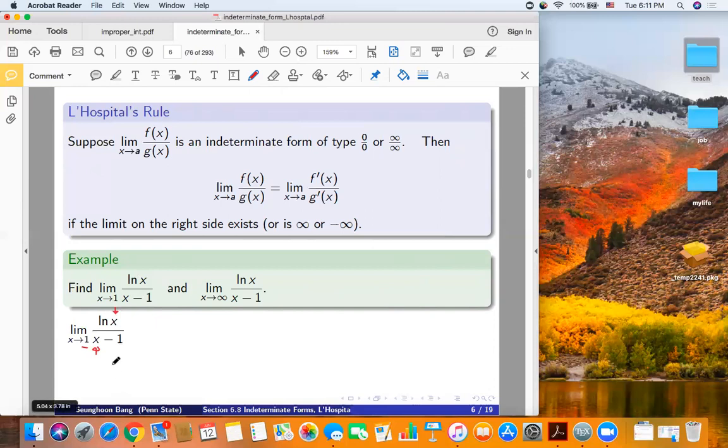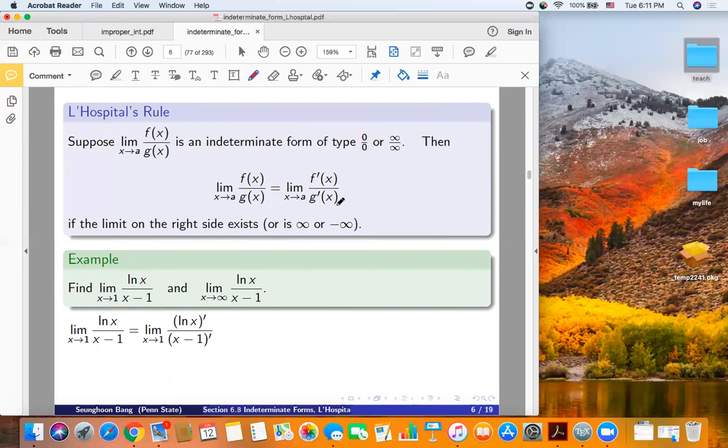What happens? ln of 1 over 1 minus 1. ln of 1 is 0. 1 minus 1 is 0. Exactly type 0 over 0. How can we solve it? We use the L'Hopital rule. So you can take a derivative of top and bottom.